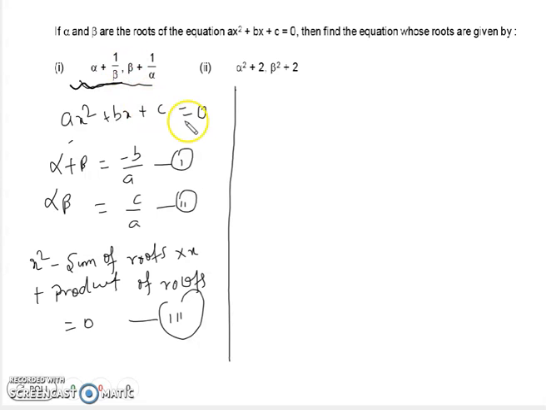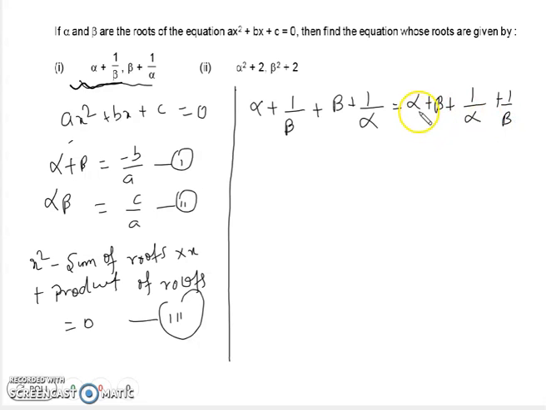So first of all we have to find out the sum of roots. What are the roots? Roots are given in the question: alpha plus 1 by beta plus beta plus 1 by alpha, right? And after adding you will write here alpha plus beta and plus 1 by alpha plus 1 by beta, right?